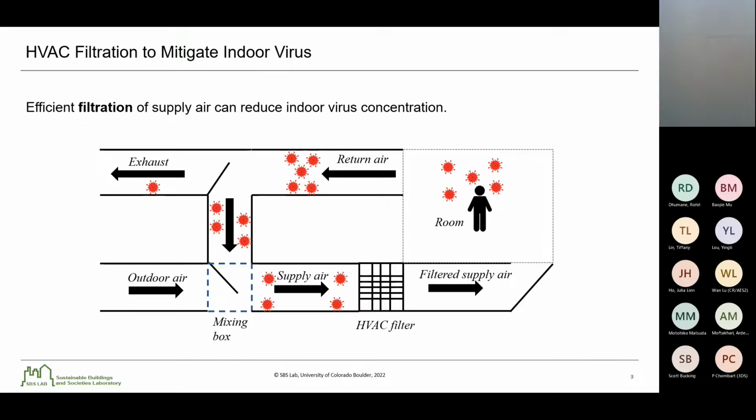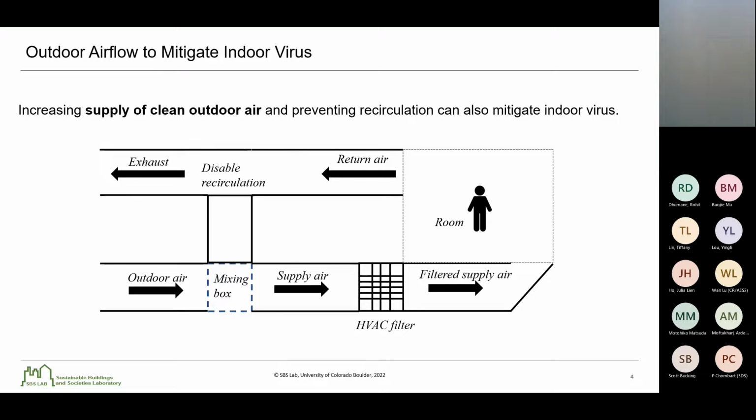But if we have an efficient HVAC filter set up, then this can hopefully filter some of those viral particles and limit the virus being recirculated back into the room. So this is one common method to mitigate indoor virus through the HVAC operation.